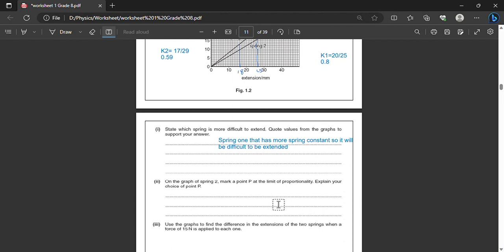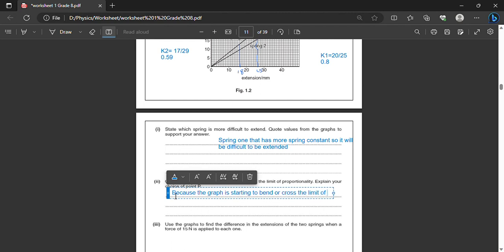The next thing is, on the graph of the spring, mark a point P at the limit of proportionality, and explain your choice of point P. So the answer is: because the graph is starting to bend, or cross the limit of proportionality.